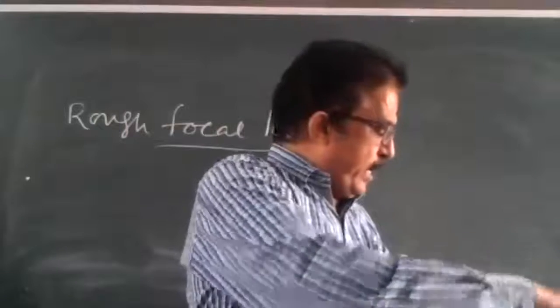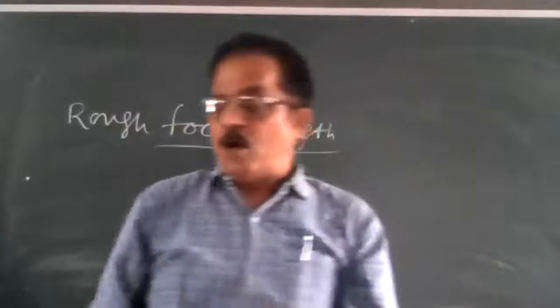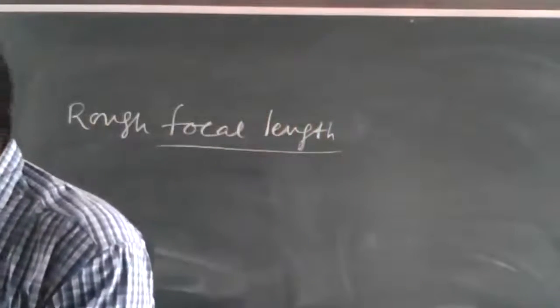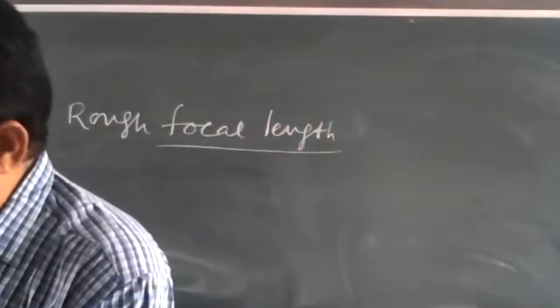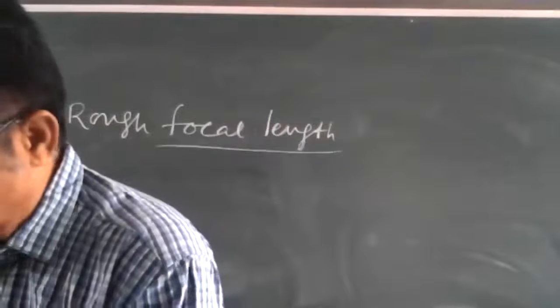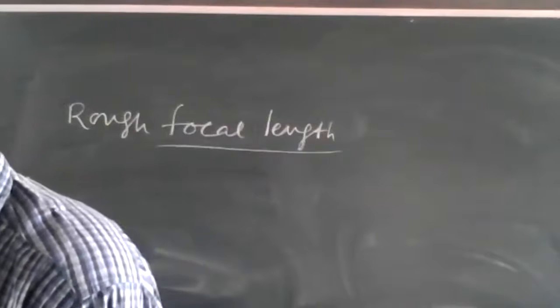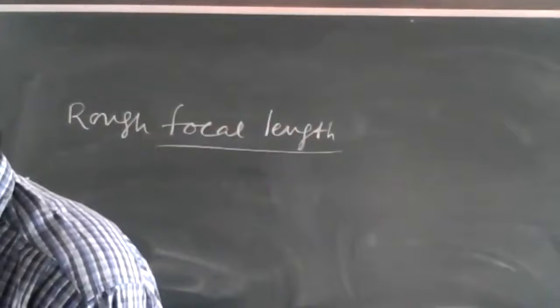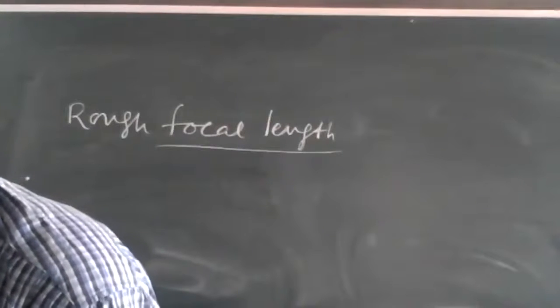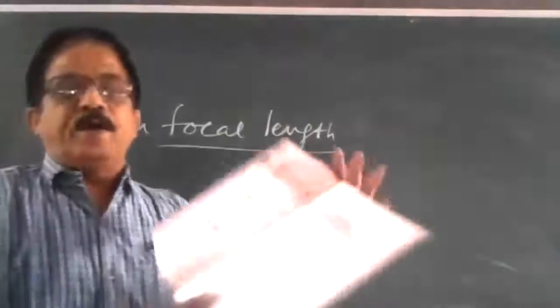That is, you can see here. To determine the focal length of a convex lens, that we have done earlier. ये मैंने पहले भी करा दिया आपको एक बार, और नहीं किया है आपने तो वापस कर रहे हैं आप. Go through your lab manual and see that here, this is your lab manual.